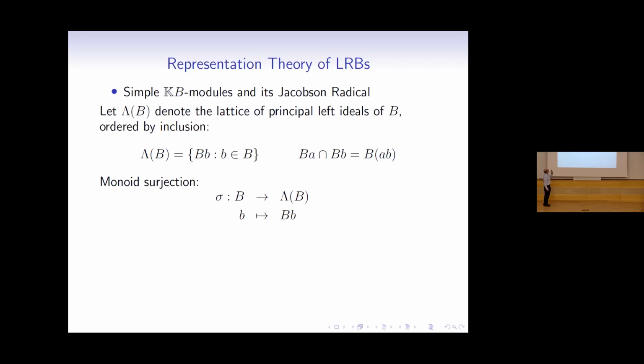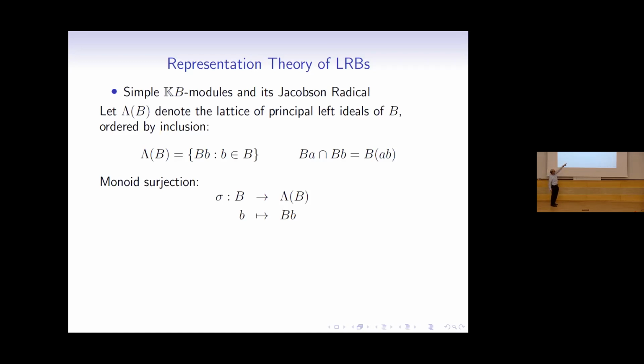So now the fact is that if I look at the collection of principal left ideals, and here in monoids, left is different from right. In group theory, right multiplications are essentially the same as left multiplications, so we have inversion. Here the key is that left multiplications and right multiplications are different, and you have to understand how they're connected.